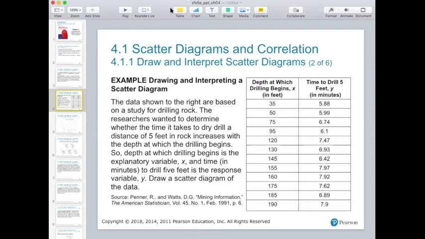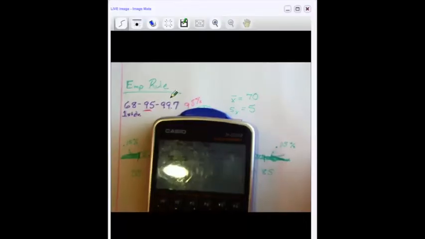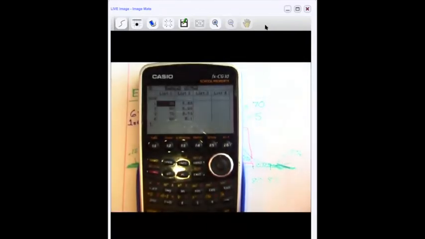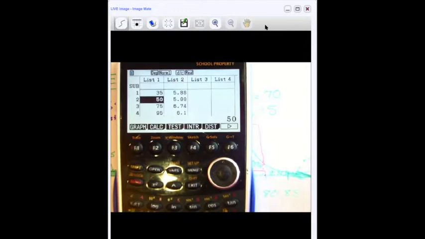So if you have that entered, I've got it in my calculator. And we're going to look at what our calculator will do with this. So let me switch over. And I've got mine typed in. Oops, I hit a button. There we go.